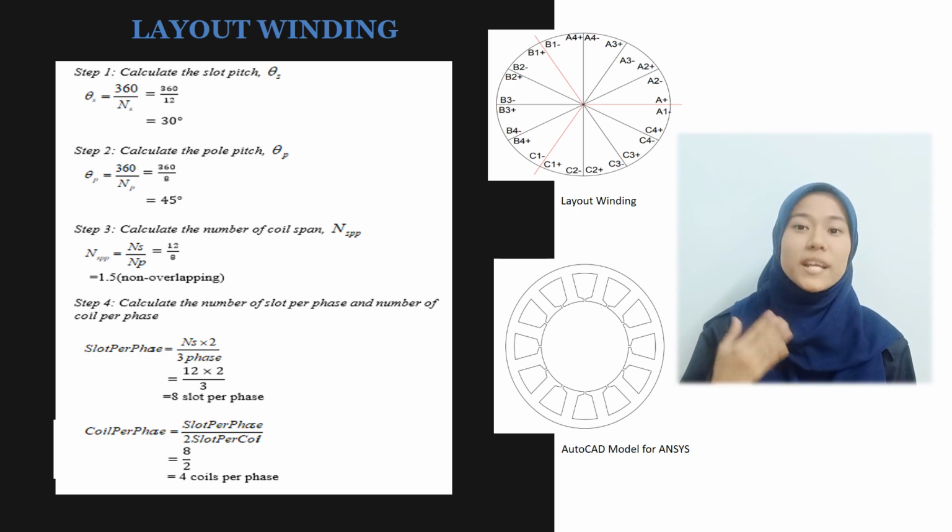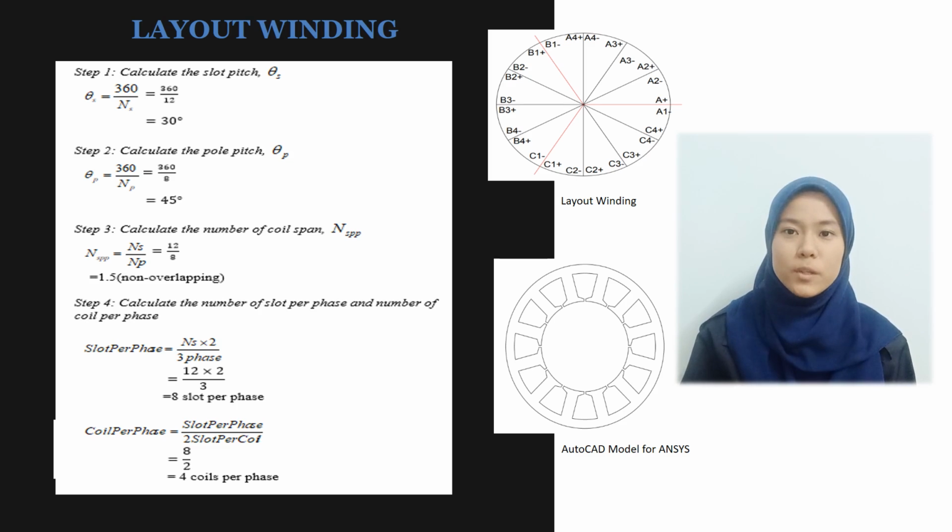If we change to electrical, the value is equal to 120 degrees. Next, to calculate the pole pitch, we use the formula 360 degrees divided by the number of poles, which is equal to 8. So the value that is obtained is 45 degrees mechanical, equal to 180 degrees electrical.